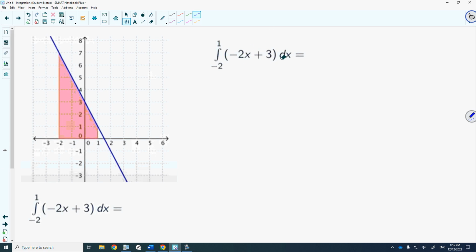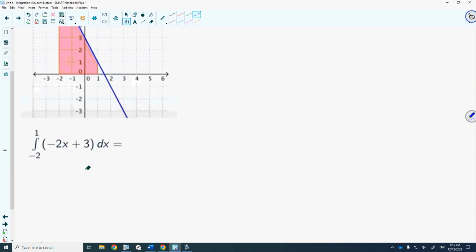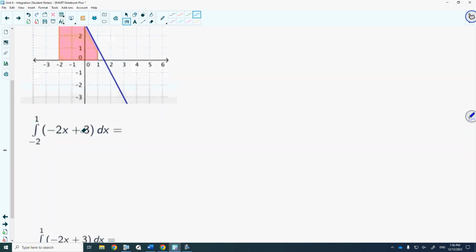One up here, this is when we're going to do antiderivatives. We'll do the fundamental theorem of calculus with this one. It's the same thing I've written down 4 different times. So again, how could I interpret this? Whenever you see this symbol, this is the area under the curve. This represents my curve, so this is going to be f of x.